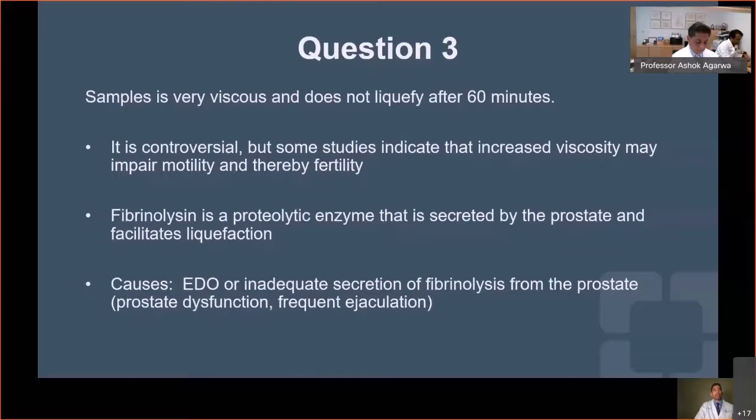The cause for this is that the prostate secretes a proteolytic enzyme called fibrinolysin. This is what facilitates the liquefaction process. If there is prostate dysfunction, frequent ejaculation, or an ejaculatory duct obstruction, this can impair the secretion of fibrinolysin and thereby affect the viscosity.